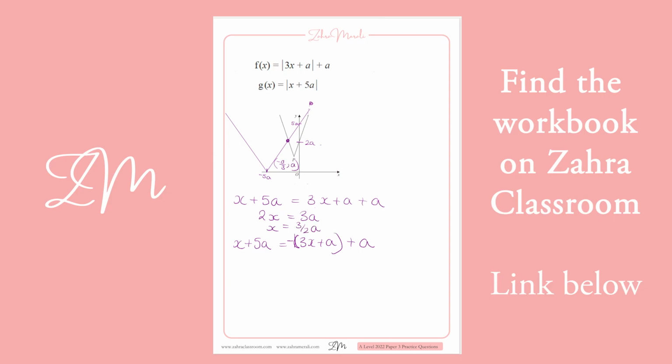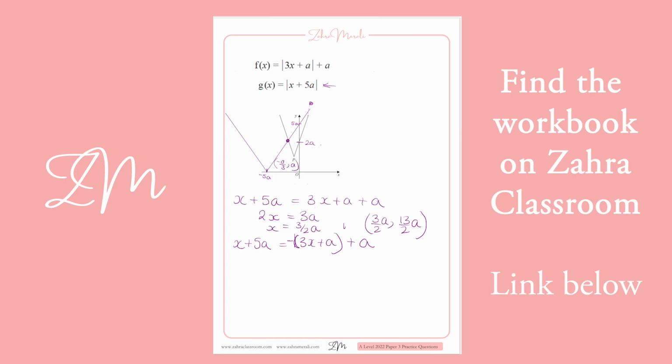Now if x is 3 over 2 a, we can substitute that back in, so let's put it back into here. It doesn't matter which one, we should get the same answer. So 3 over 2 a plus 5a is going to give you 13 over 2 a. So then my coordinate here is 3 over 2 a and 13 over 2 a.